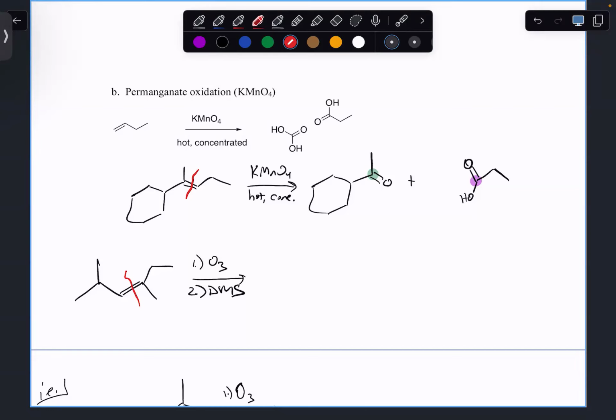All right, so we are splitting at the red line at the double bond. And so then the left-hand part of this molecule is going to look like this.